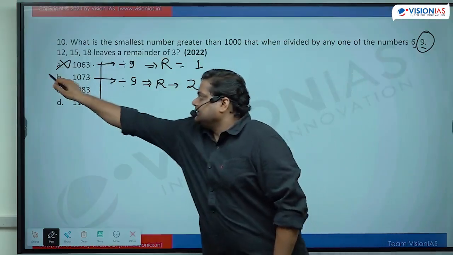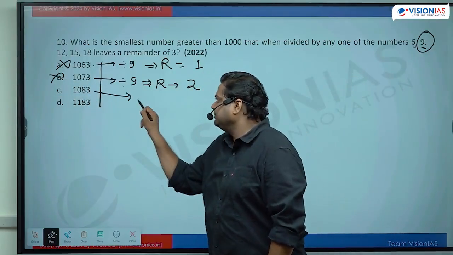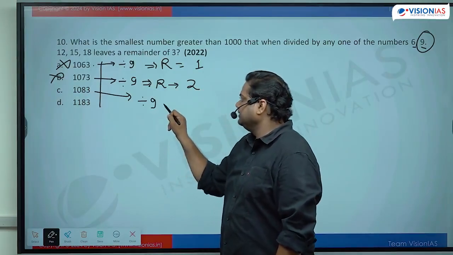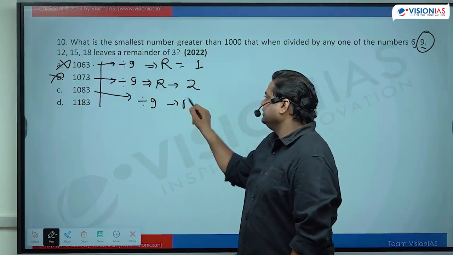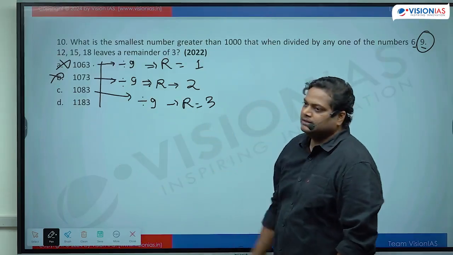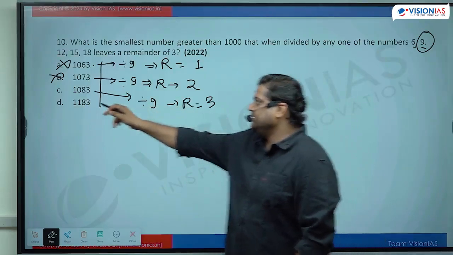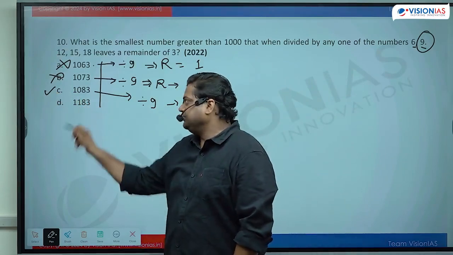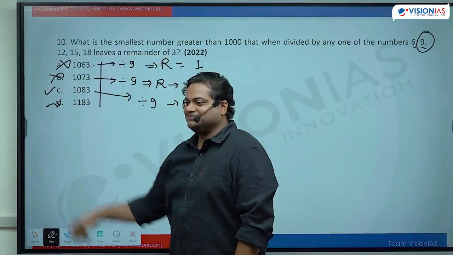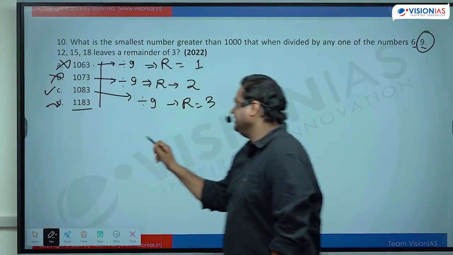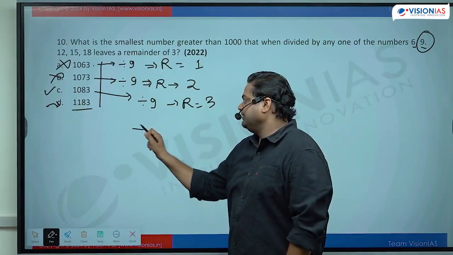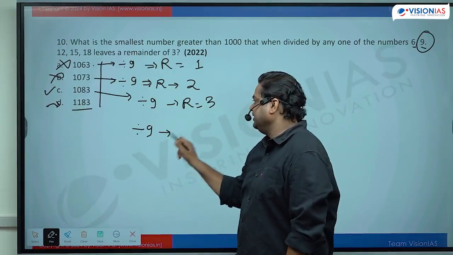This is also not our answer. 1083 if we divide by 9, what remainder are we getting? 3. This can be our answer. We need to check for fourth also. 1183 if we divide by 9, what remainder are we getting?